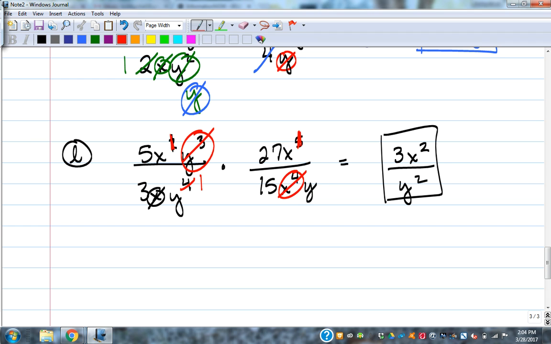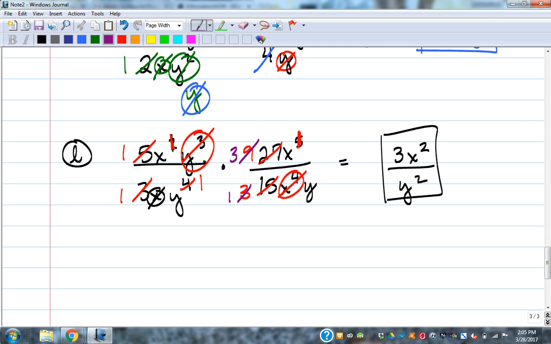And then I can go diagonally, 5. And then that'll actually go a little bit further. I should have done the 27 to 15 by 3, I guess. And there's the 3. There's an x and an x. That's x squared. Here's 1 times 1 is 1. And then we have 1 y to the first, and y to the first is y squared.